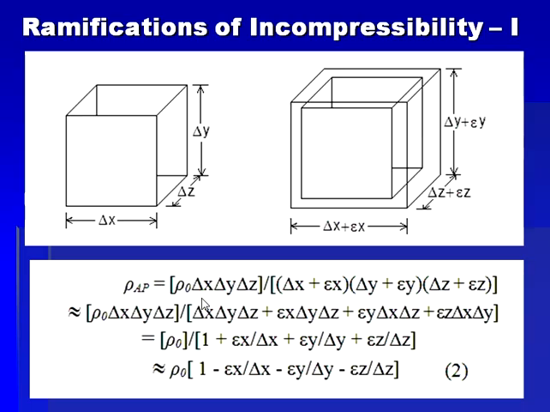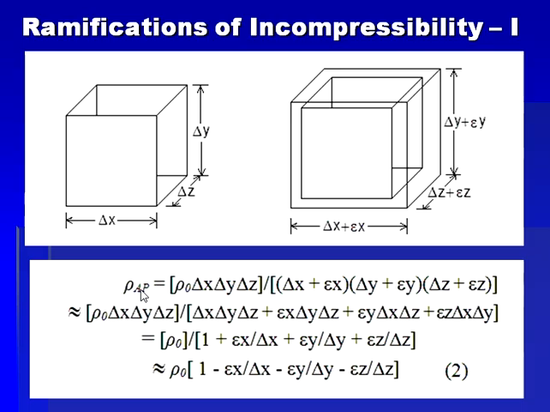The original density, which is the density in the small cube that has no detached ether, is called rho sub 0. The amount of the attached ether in the larger cube is the same amount that it had before it was expanded, which is rho sub 0 multiplied by the volume of the original cube. The volume of the larger cube is expressed in the denominator to give us the density of the attached ether in the larger cube.